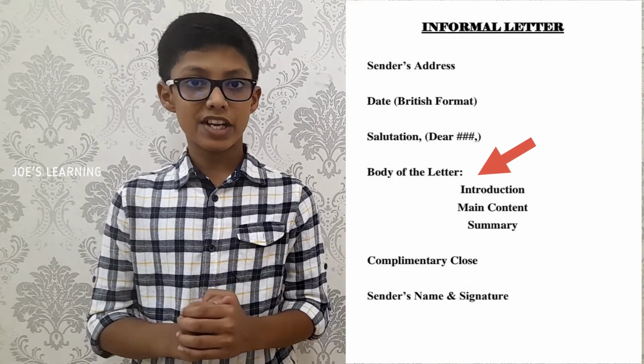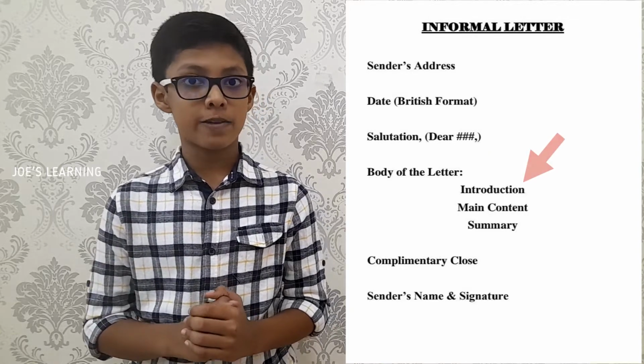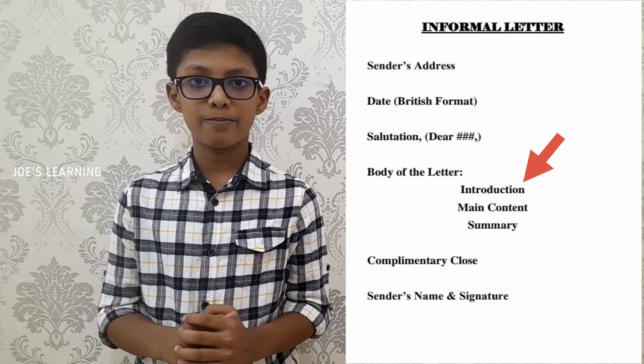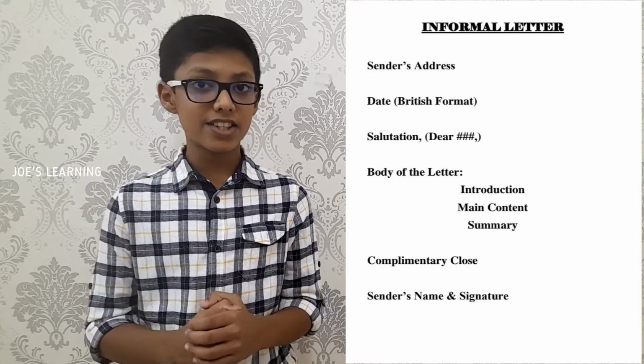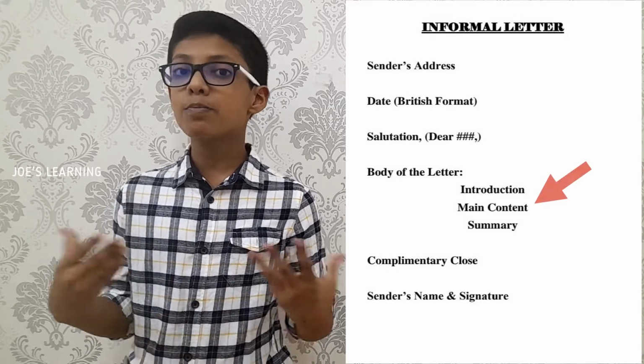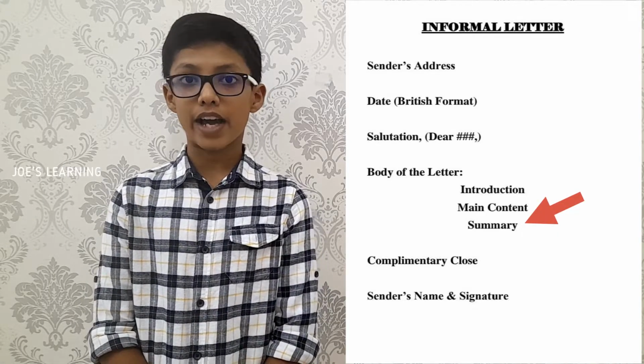The body of the letter is divided into 3 paragraphs. First comes the introduction paragraph, which gives a brief introduction to what you're going to say. Then, after leaving another line, comes the main content of your letter, in which you provide supporting sentences. Then, after leaving another line, comes the summary of your letter. In the summary, you have to give your final thought.